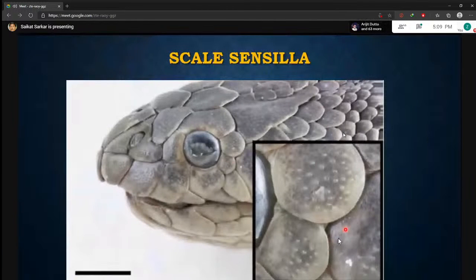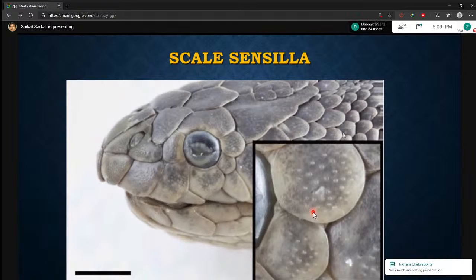Now coming to variations again, almost any structure that you can look at in a particular snake, you can find variations. If you are really interested to know what the variations are, you will find some.